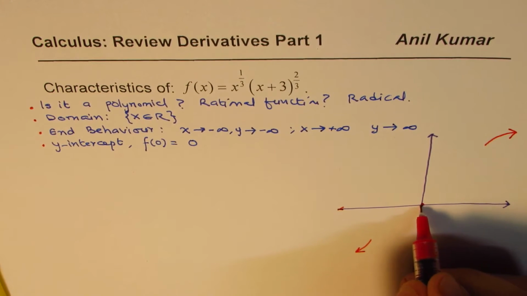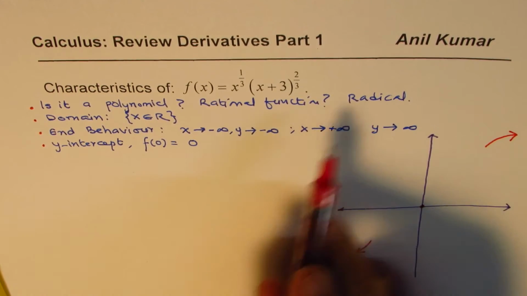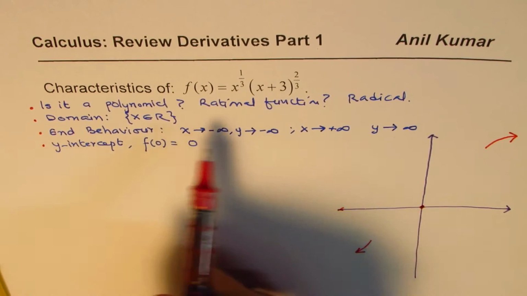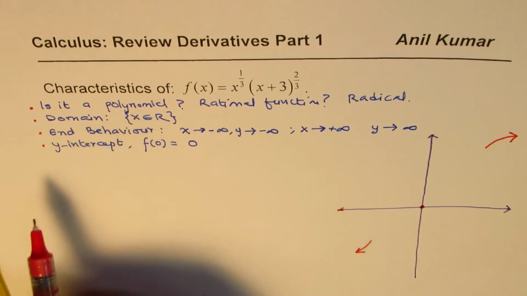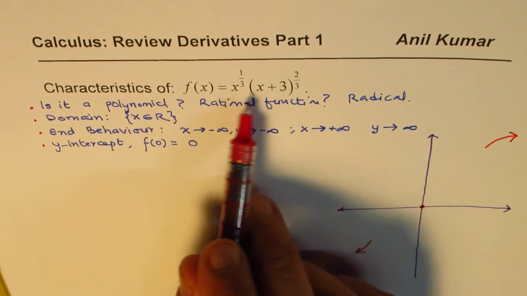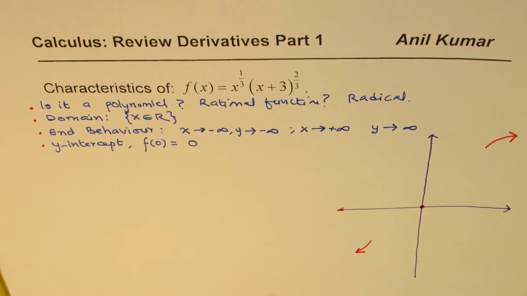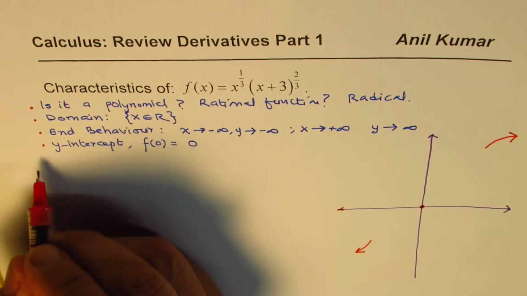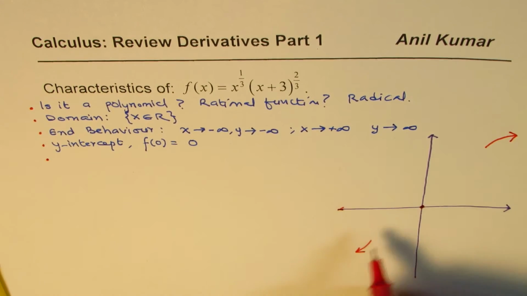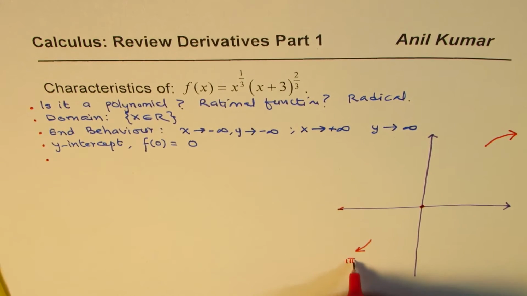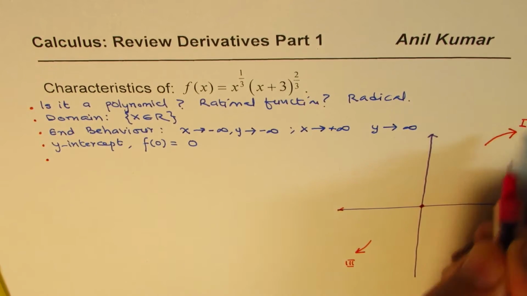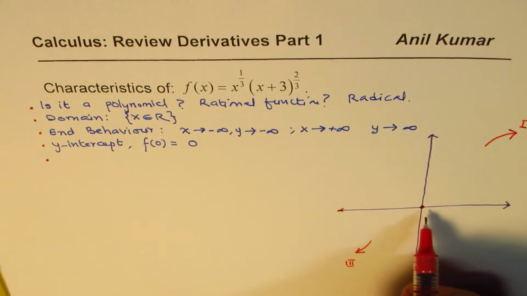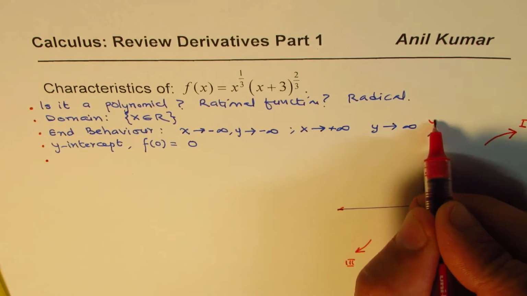The graph is continuous, we know that, since the domain is all real numbers and there are no restrictions. And the graph goes from quadrant 3 to quadrant 1, so it has to cross the axes. That becomes the y-intercept where it crosses the y-axis.